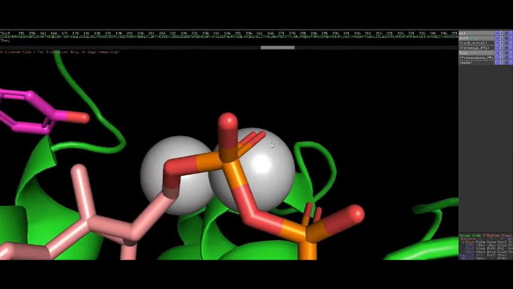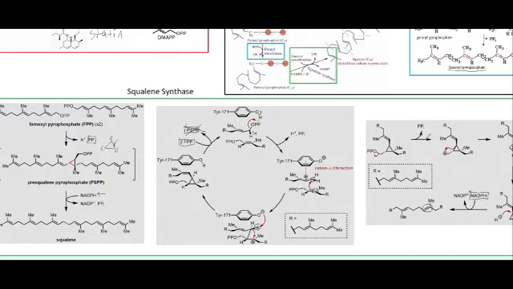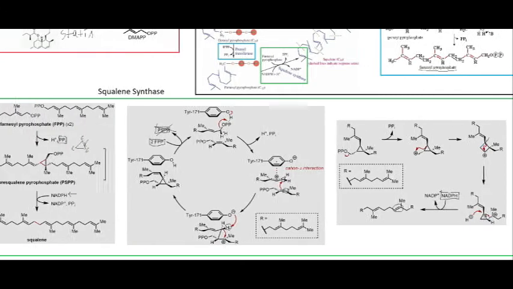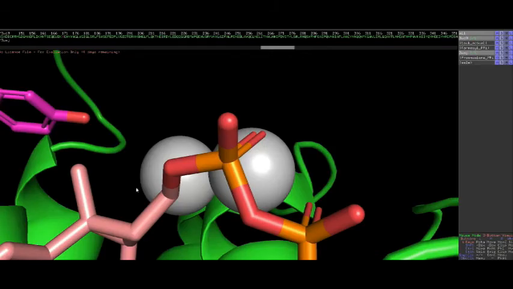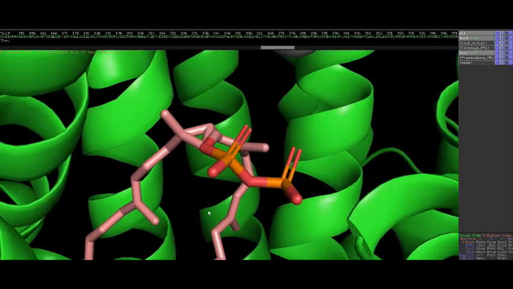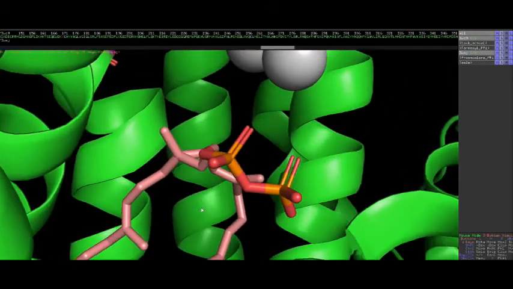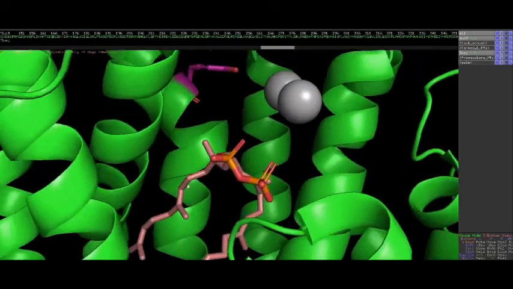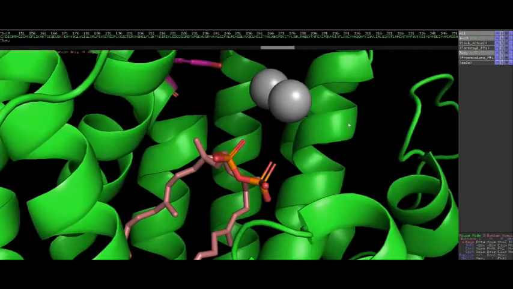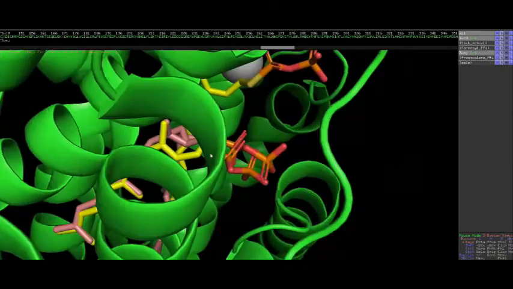And so the pyrophosphate, as we saw here, will come off of here, and then we have these bond movements going around on this strained ring. I don't have the structure for the product, but this is that pre-squalene pyrophosphate intermediate. And so let's superimpose the farnesyl pyrophosphates.